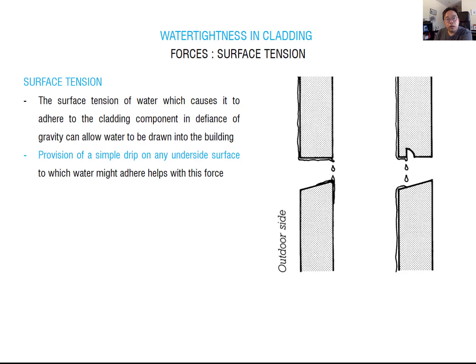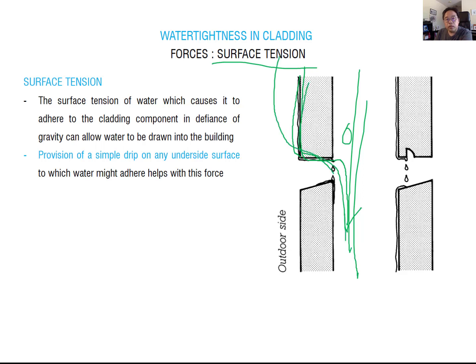Next is surface tension. Water tends to stay on the surface, keeps staying over the surface, then keeps coming under the surface, and then drops into the assembly. Here we have an exterior sheathing and an airspace, but this type of cladding system keeps driving water into the assembly. To protect against surface tension, you have to design a water stop here.